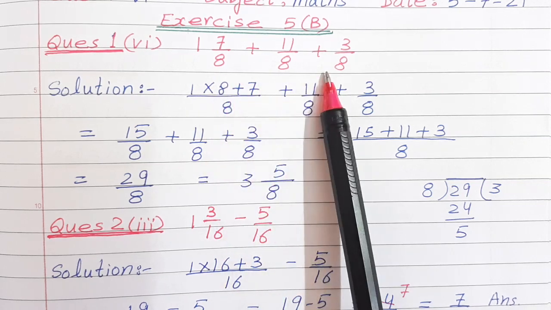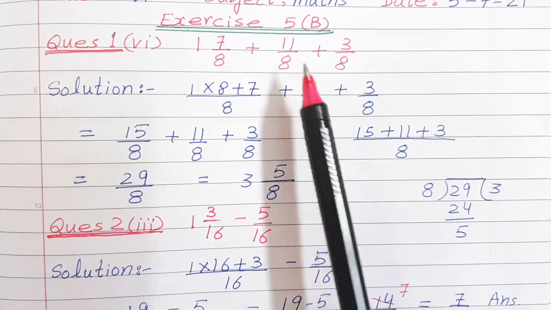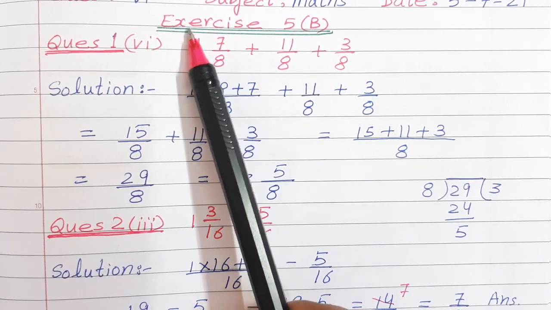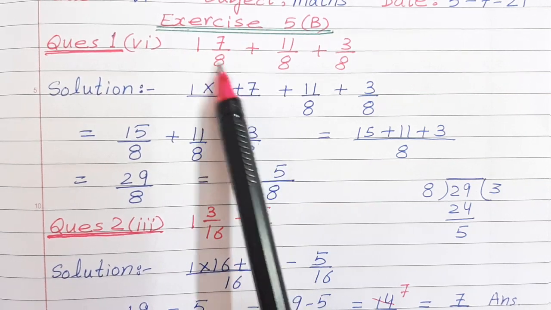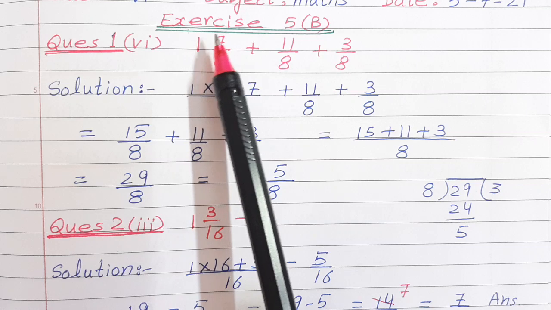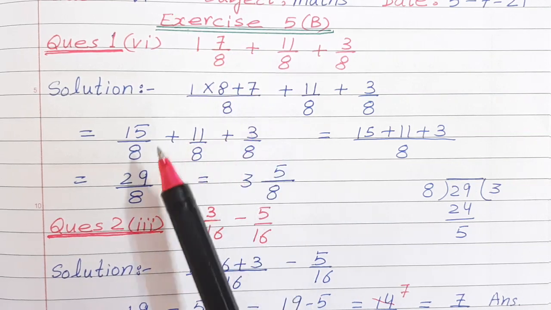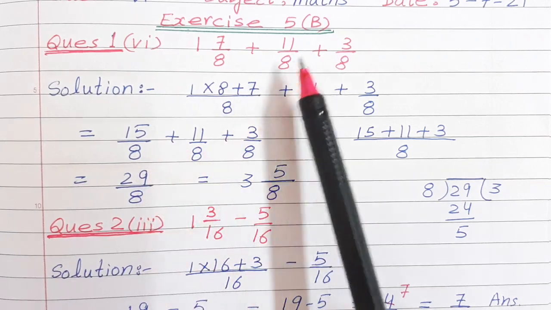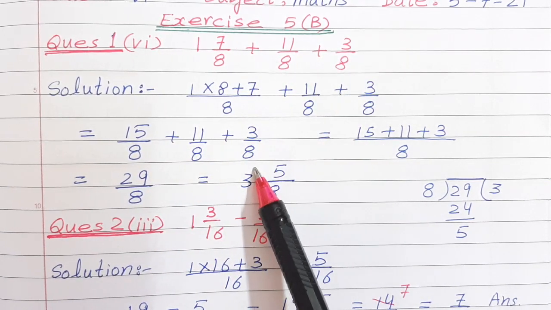So this is a question of like fraction, right? Here the first term is in mixed fraction. So let us convert into improper fraction. So this is 8 ones are 8. 8 plus 7 is 15. So here it is 15 by 8 plus 11 by 8 plus 3 by 8.